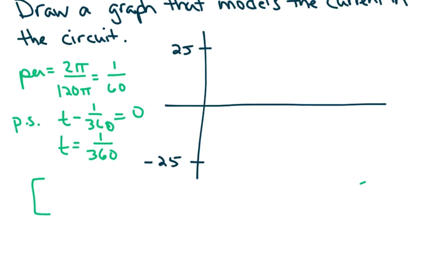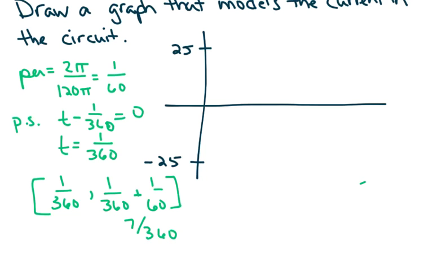My interval is going to start at the phase shift, and it's going to end at the phase shift plus the period. If you add these in your calculator, you're going to get 7 over 360. So we're going to start at 1 over 360. We're going to end at 7 over 360.